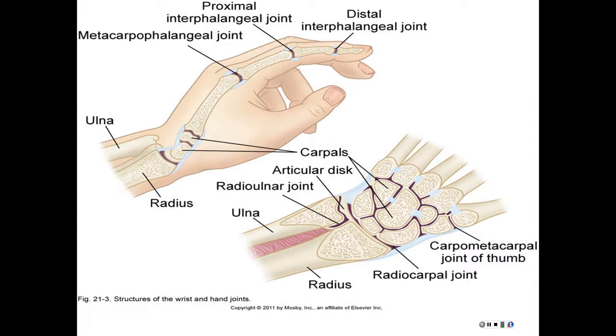Realize that the point of this picture is to show you the DIP, our distal interphalangeal joint, is the farthest one. Proximal interphalangeal joint is the middle one, and the metacarpophalangeal joint, or it's called the MCP, is the one over the knuckles.